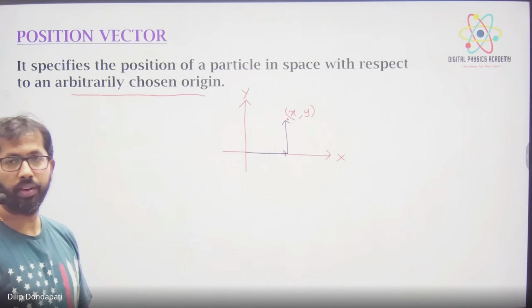And they can also ask for r cap. The unit vector of the position vector will be the vector divided by mod r, so x i cap plus y j cap by under root x square plus y square. The position vector is always with respect to the origin only. Directly from the origin you join a point. That is called the position vector.